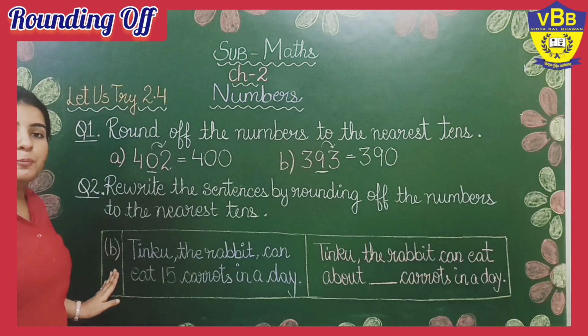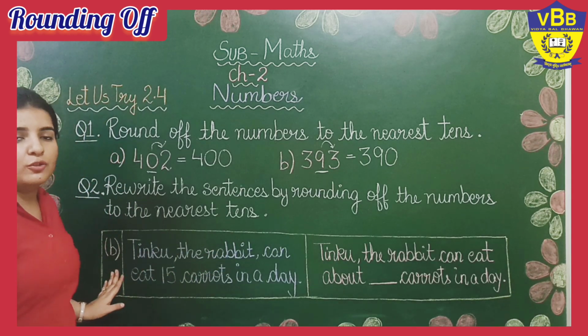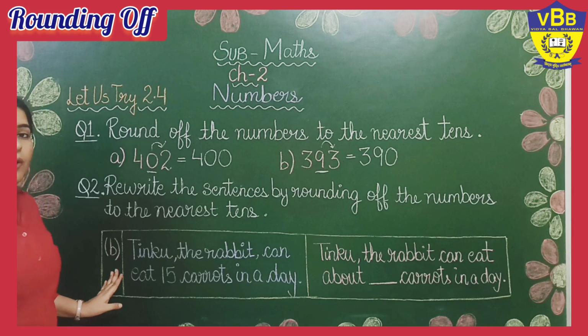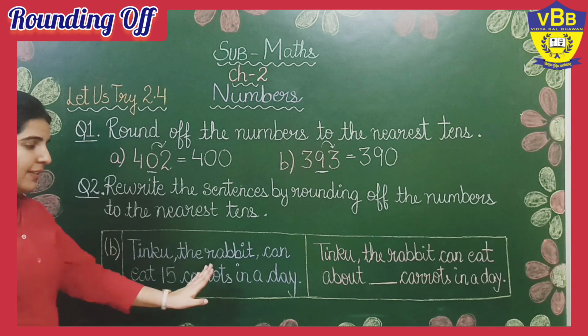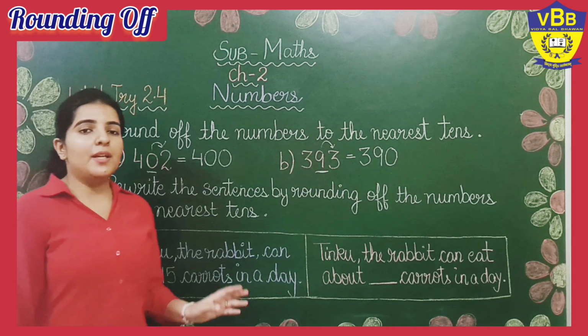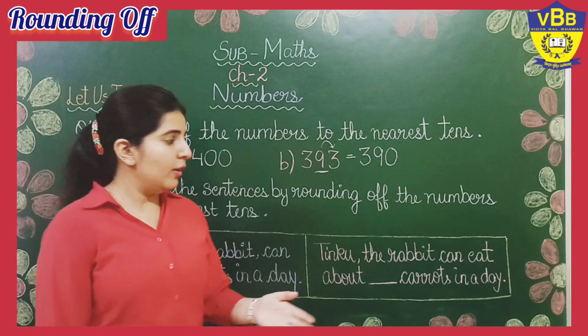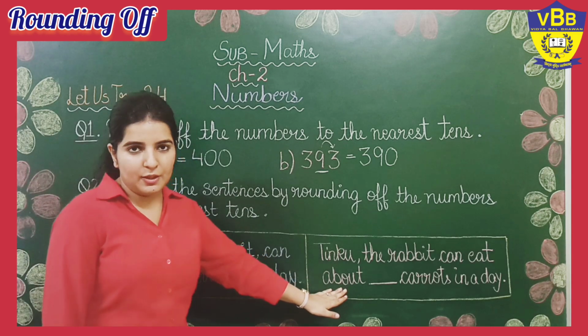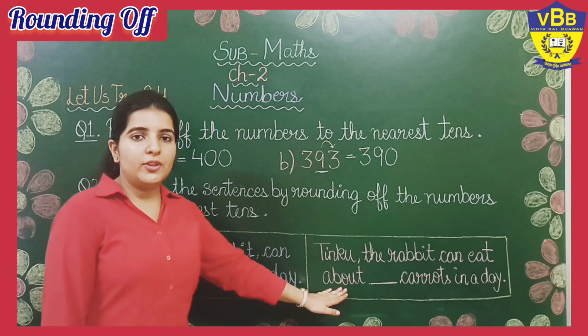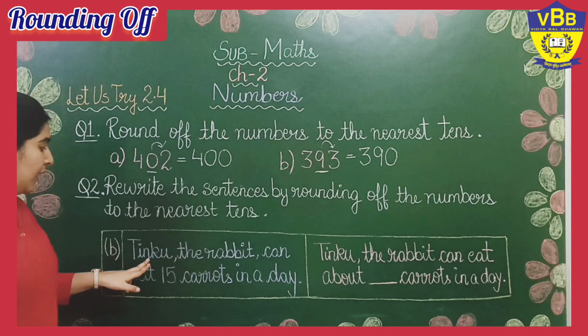The second part, that is part B, we are going to do here. Okay, what we have to do? We have a statement, and in the statement there is one number that we need to round off in our next statement. Fine? So let us read the statement now.